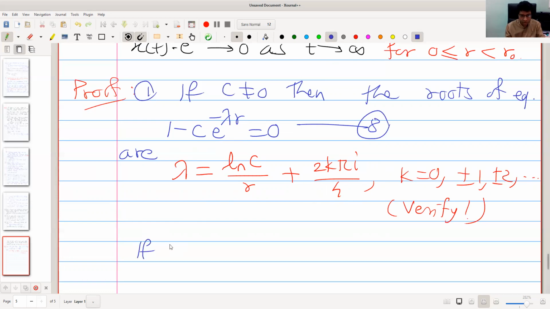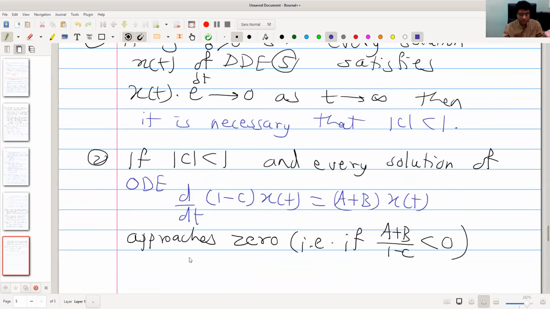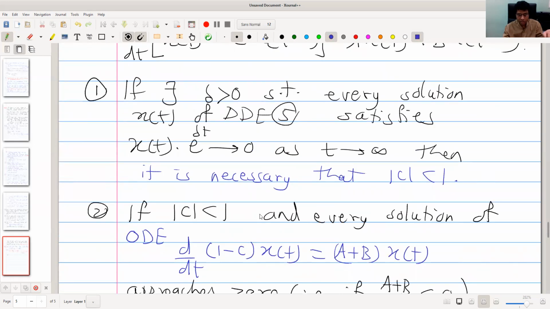Again we are assuming the contrary. Here we are saying that it is necessary that mod c is less than 1 for something. So by contradiction we will show that if mod c is greater than 1, then such a thing cannot happen.